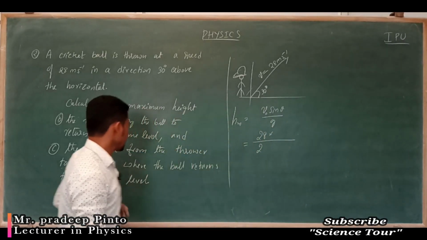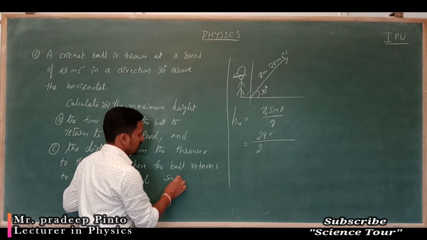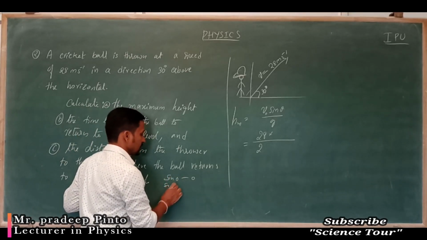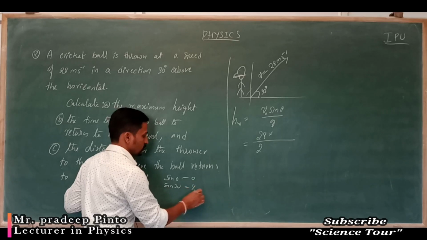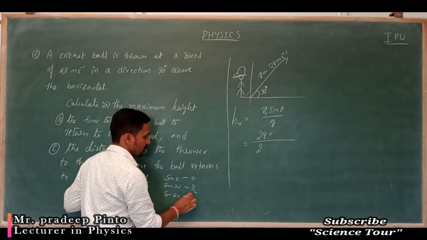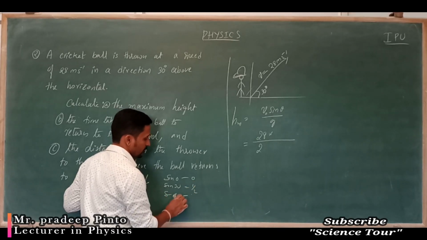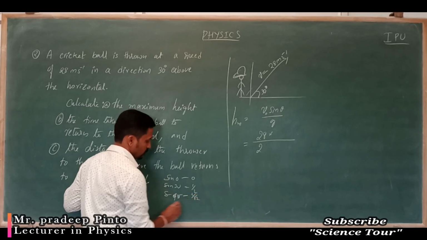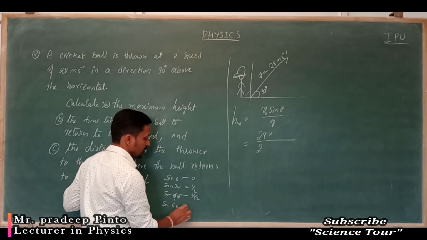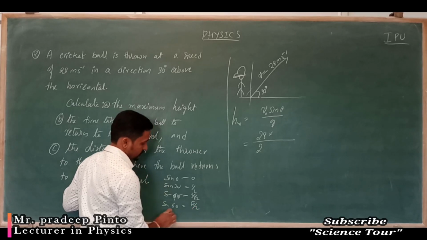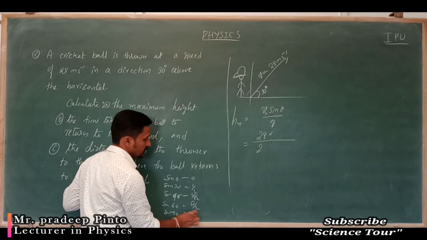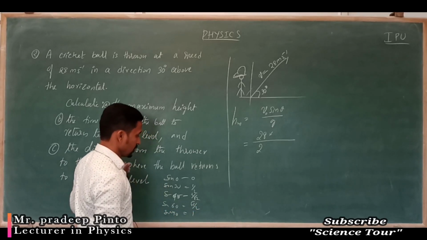Sin 0 means 0, sin 30 means 1 by 2, sin 45 means 1 by root 2, sin 60 means root 3 by 2, sin 90 means 1.